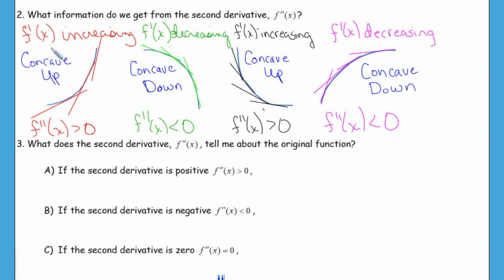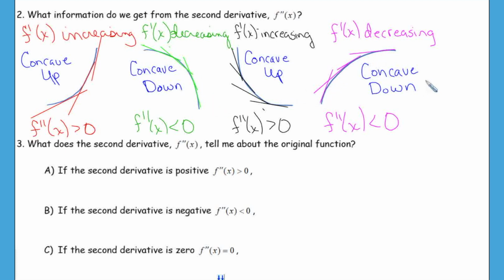So when your slopes increase, you make a concave up. So both cases, when your slopes are increasing this way or increasing this way, right, they make a concave up. If your first derivative, the slopes, are decreasing, then that makes a concave down or a concave down.